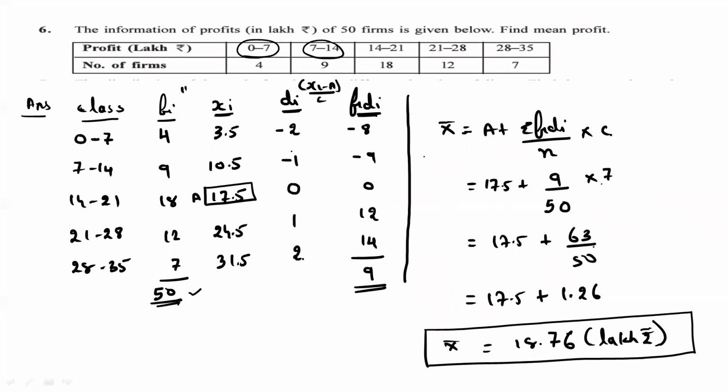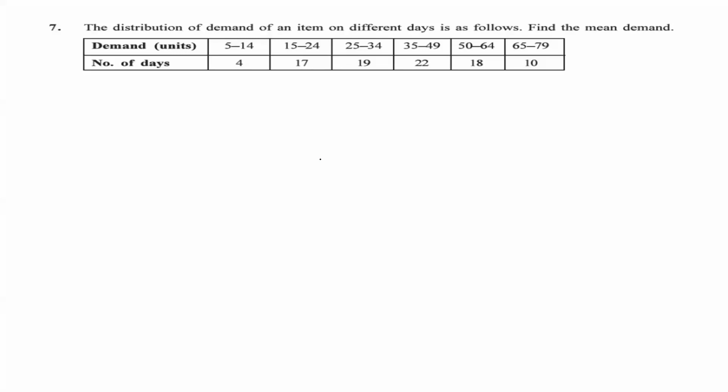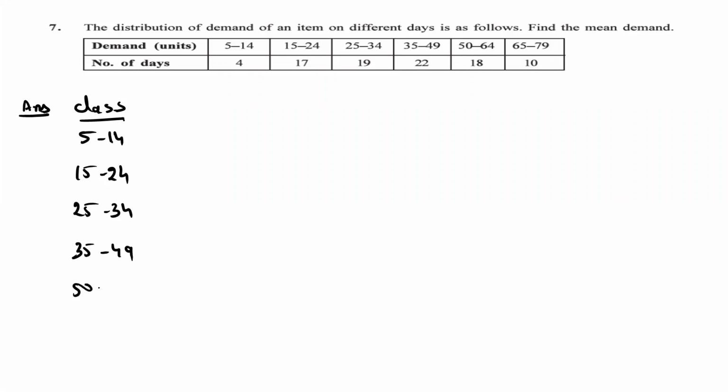So we can move to the 7th question. Let's see, friends, the 7th question. Roll number 68, now just say the classes: 5 to 14, 15 to 24, 25 to 34, 35 to 49, 50 to 64, 65 to 79.